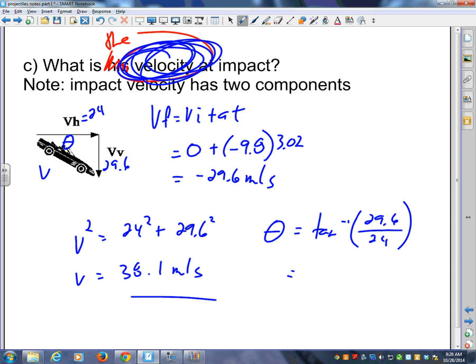Oh, it must be in radians. 51 degrees. Now, what would you put for a description at the end there?